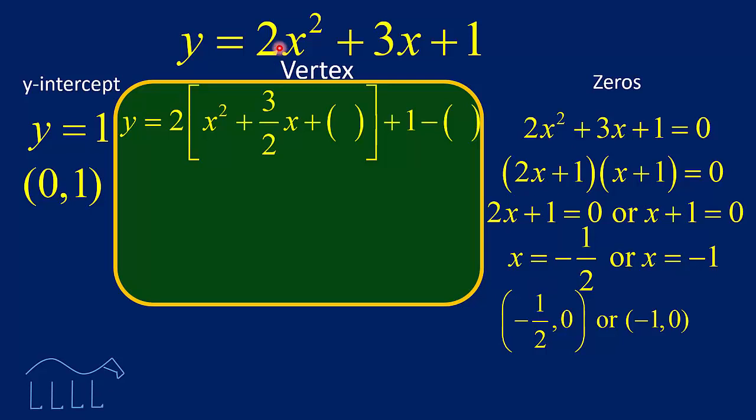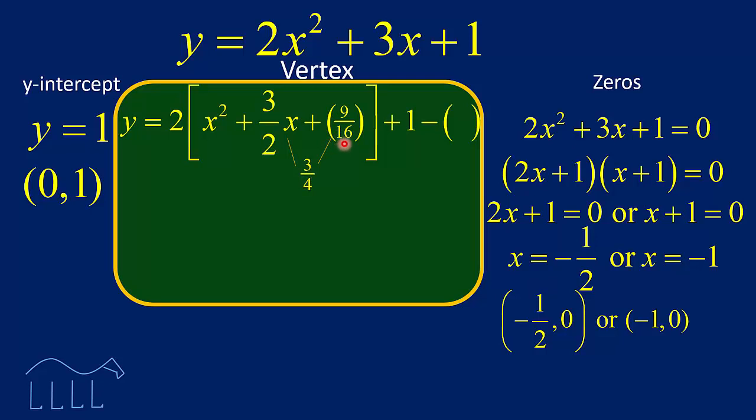Okay. So I'm going to factor out this 2. So see, I factored out the 2, and instead of a 3x, I have 3/2 x to counteract the fact that I factored out a 2. Okay? So I factor out the coefficient of x² first, then I take half of that 3/2, and I get 3/4, and then I square it, and I add it here. So I took half of the 3/2 right here, and I squared it.